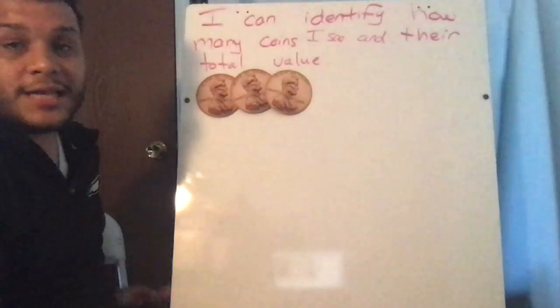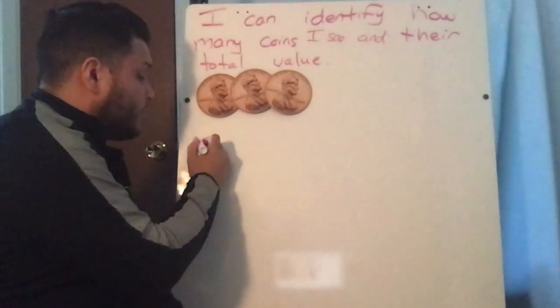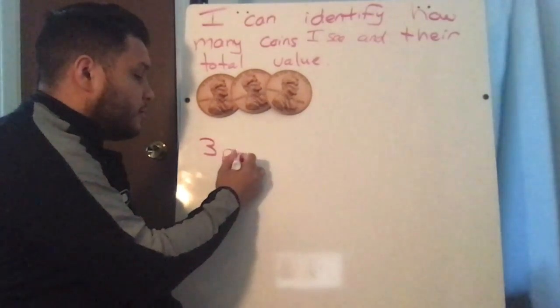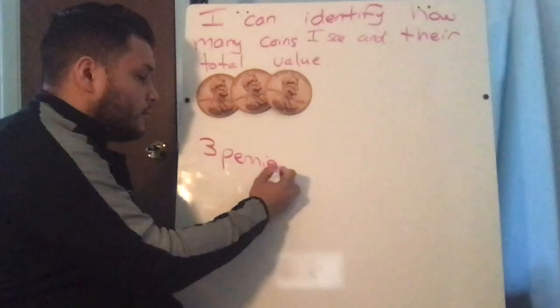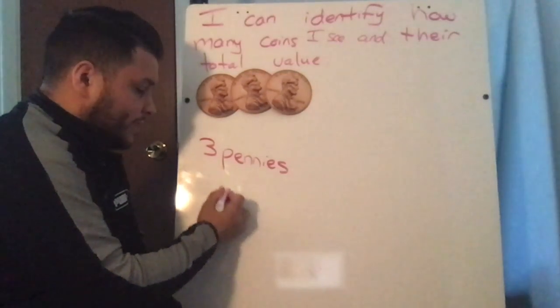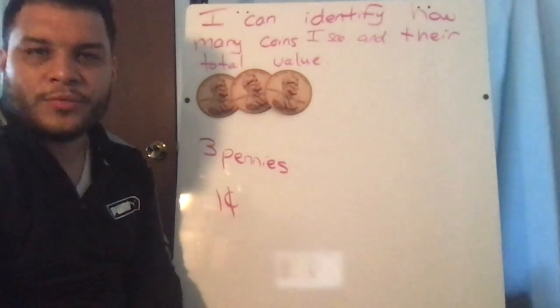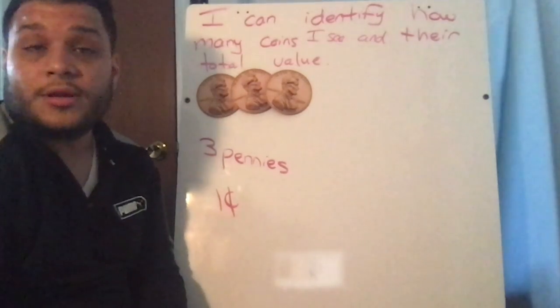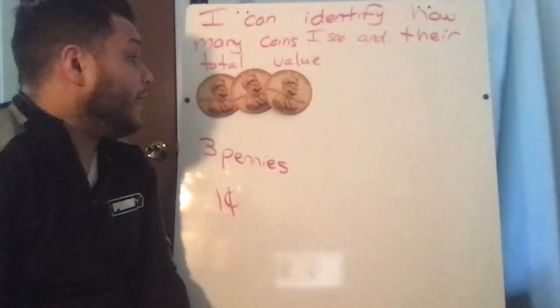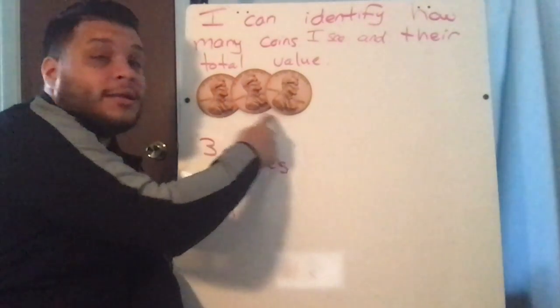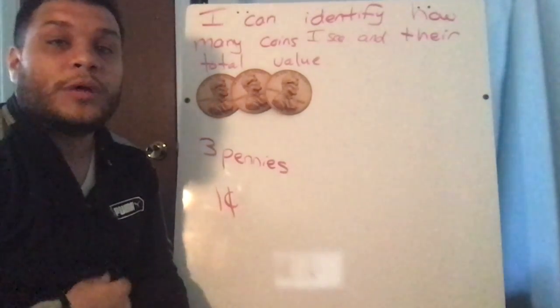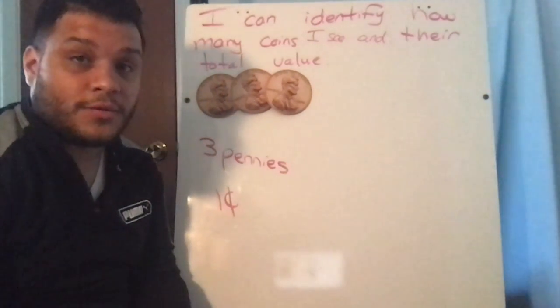Can we still say that 3 pennies are worth 1 cent? Is that correct? No, it is incorrect. Every time I add a penny, that means that I also have to add its value.